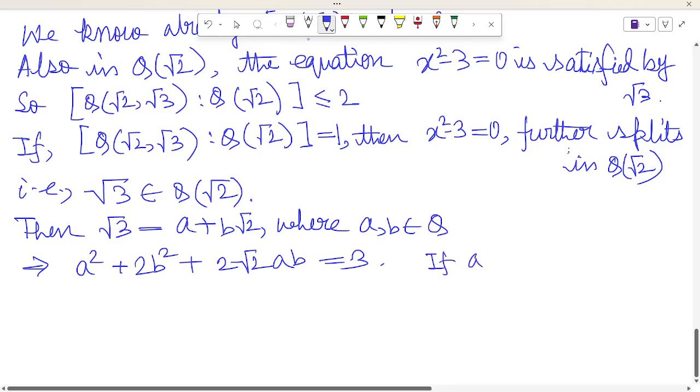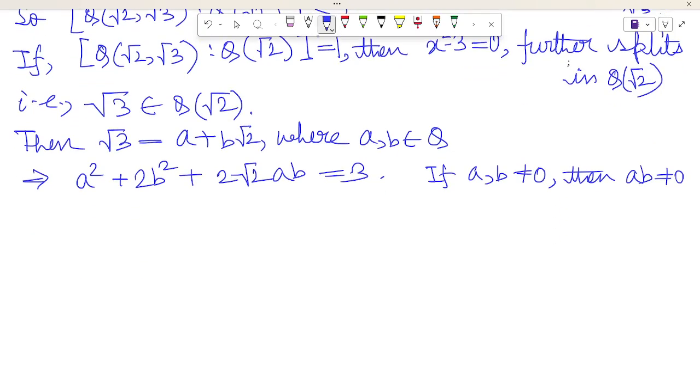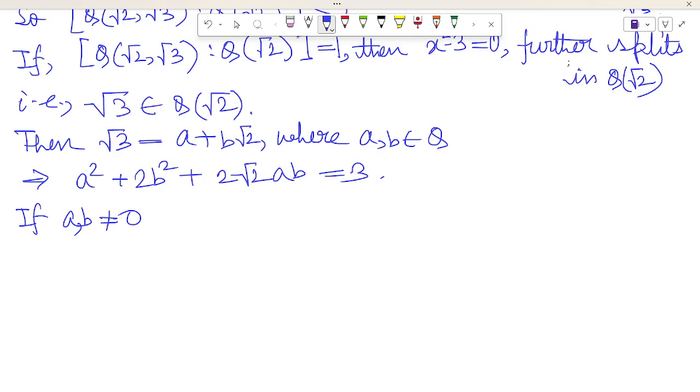If a, b both are non-zero, then ab is non-zero because we take a, b from Q and Q is a domain.